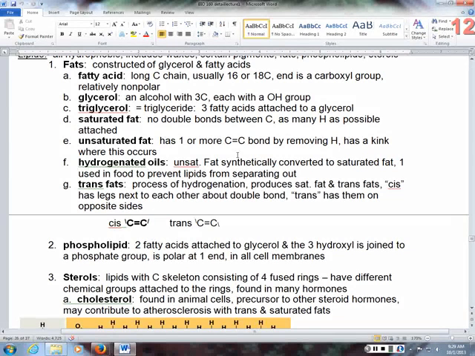So that was the reason for making the hydrogenated oils, is if you artificially did that, it would make it more stable, meaning it wouldn't rot as fast and it can live forever like the Crisco in there.